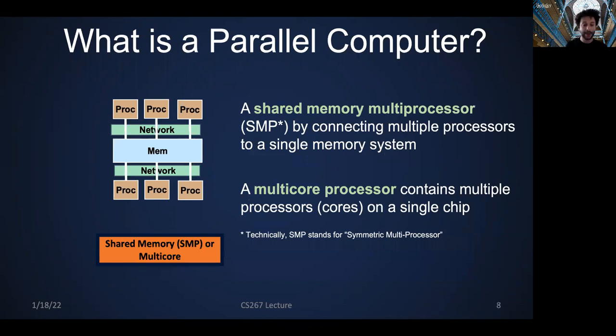Specifically, the so-called SMPs, shared memory multiprocessors, which literally used to stand for symmetric multiprocessor. That's why it's SMP. And it's common that a lot of acronyms stick and start meaning something else.